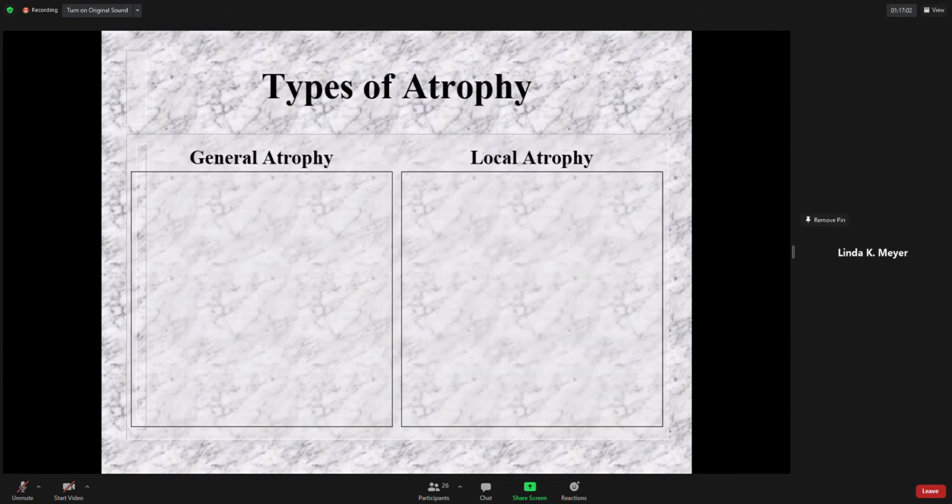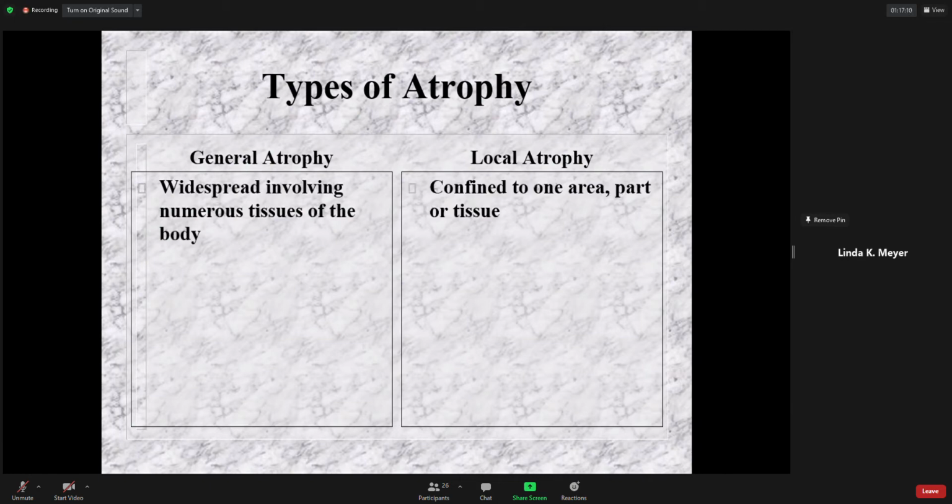Atrophy can be classified into two main types: general, involving widespread tissues in the body, and local, confined to one area, part, or tissue. And on your outline, it has them defined and grouped in this manner. The two that fall under general atrophy are what are known as starvation and senile atrophy.